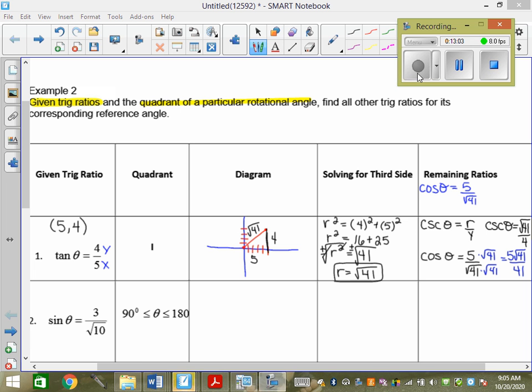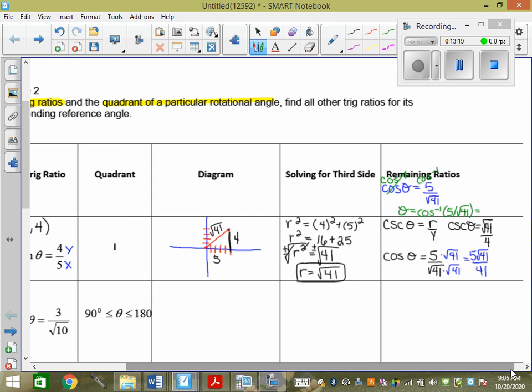Then I'm going to go cos neg 1. Theta equals cos neg 1. And we can do it in degrees for now. Make sure your calculator's in degrees. So if you go second cos, 5 divided by root 41, what do you get?